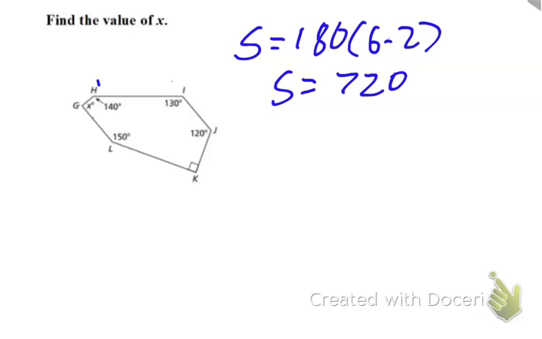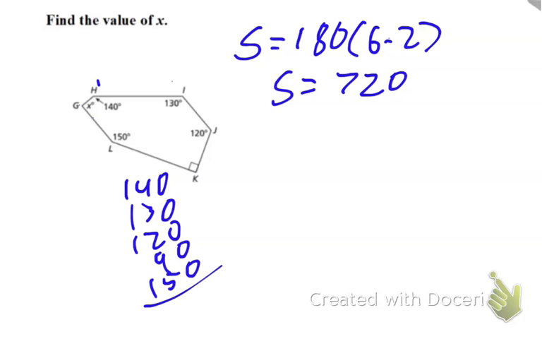So let's see what we got. We got 140, 130, 120. That doesn't have a number, but it's a right angle, so we know that's 90, and 150. All right, so that adds up to 630.